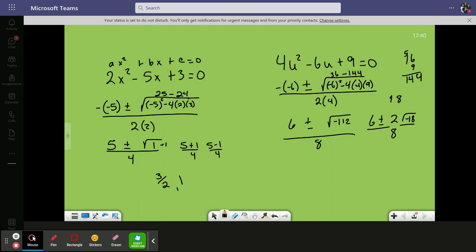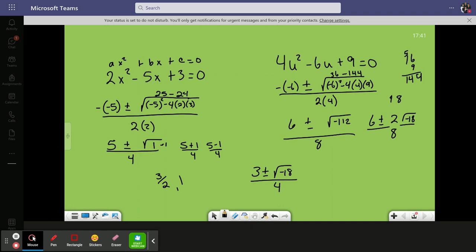So my answer is going to end up being 3 plus or minus the square root of negative 18 over 4. Know your formula. Plug into that formula and then just work the math down until there's nothing else you can do, right? Don't assume because you got here that you can't simplify it some more, okay?